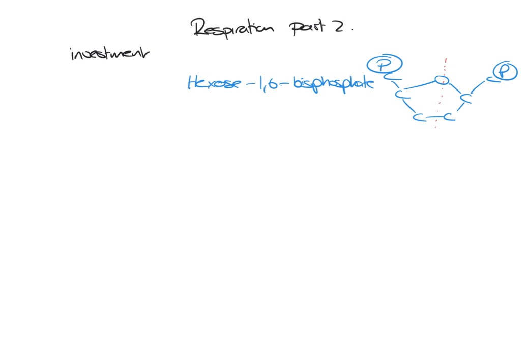The next phase of glycolysis is called the payoff phase. In the payoff phase, the first step is that hexose 1,6-bisphosphate is split into two different molecules. Each of those molecules is a triose phosphate.